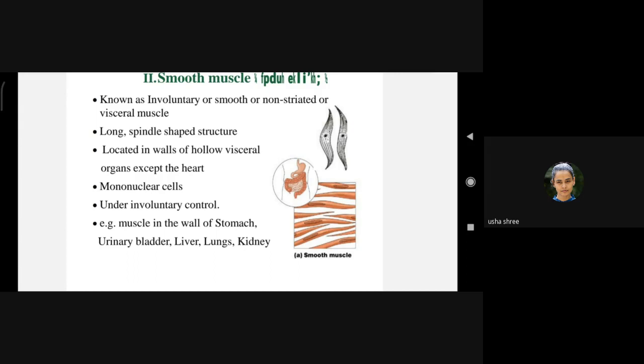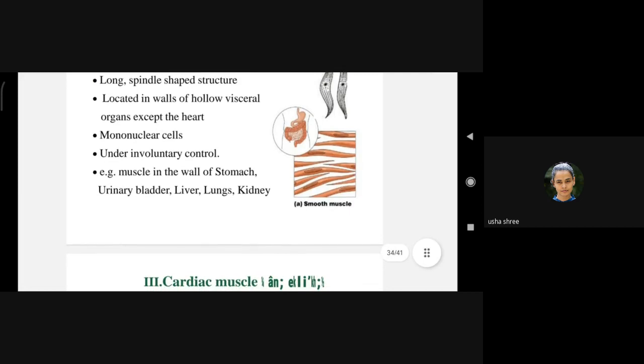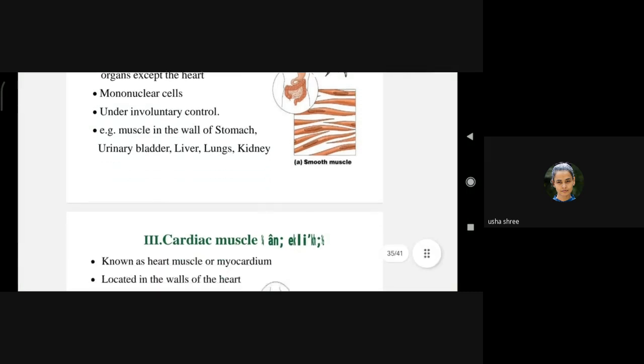Smooth muscles are mononucleus cells. Only skeletal muscle has multinucleated cells. These are under involuntary control. Example: muscle in wall of stomach, urinary bladder, liver, lungs, and kidney.